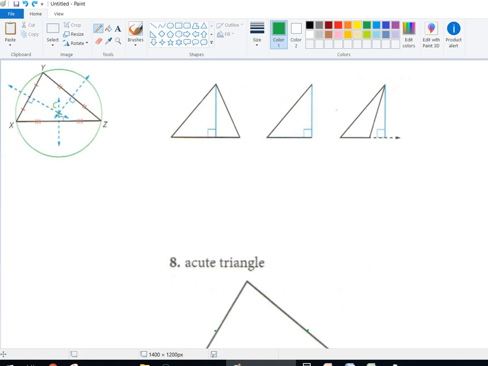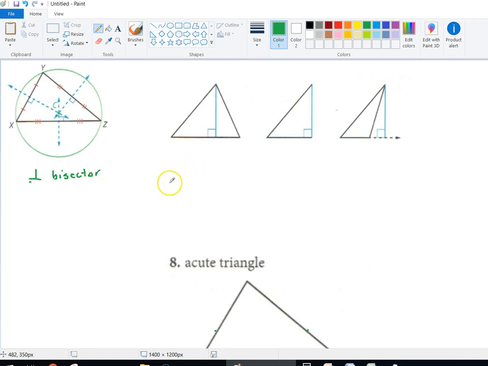Let's go back to the beginning of lesson 5.1, and the first definition that we had was the definition of the perpendicular bisector. So, what does a perpendicular bisector do?